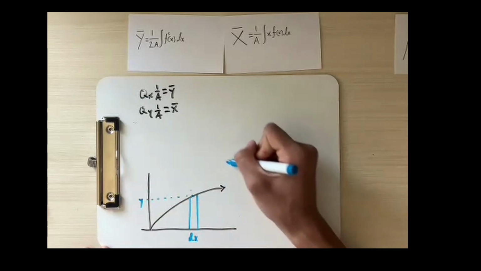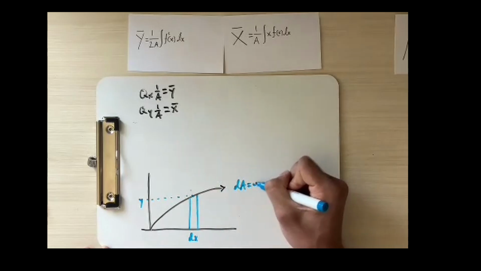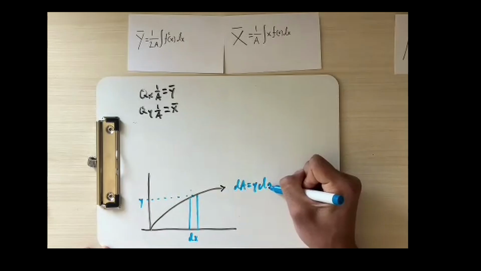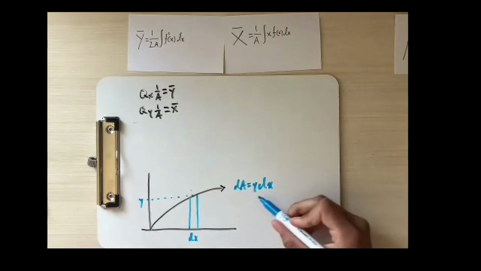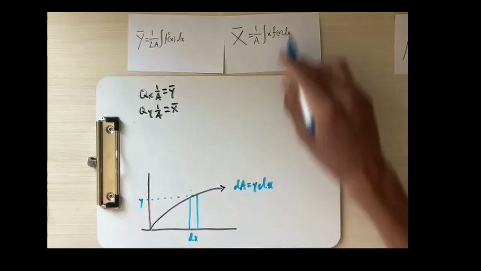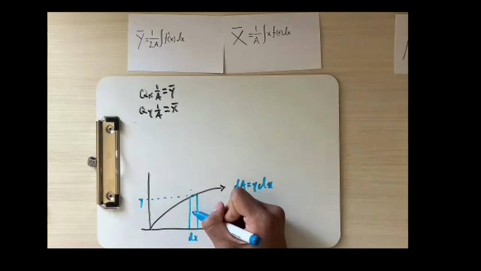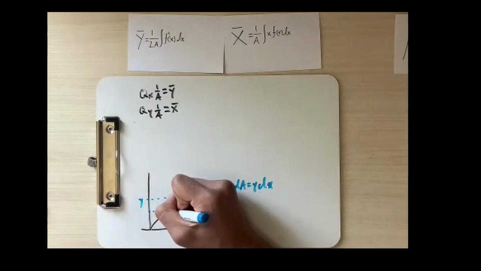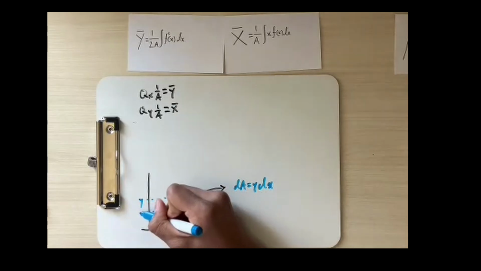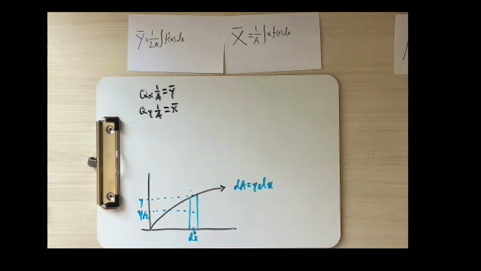Then we can say that dA equals y dx. You might be starting to see how these populate into these equations. And if we're looking for the centroid, then the centroid of a rectangle is just going to be y over 2 and x, right?